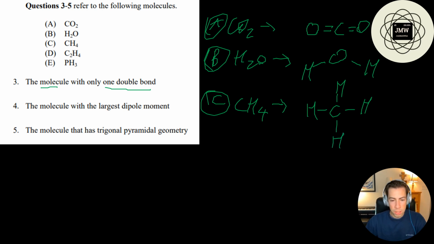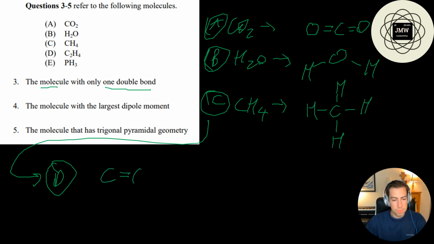Now, if I go and look at structure D, I'll go down here. For this one, it's going to look something like this. And you would just do a Lewis dot structure to figure that out, but I'm going to cheat a little bit because I think you can reason through and understand why that's the case.